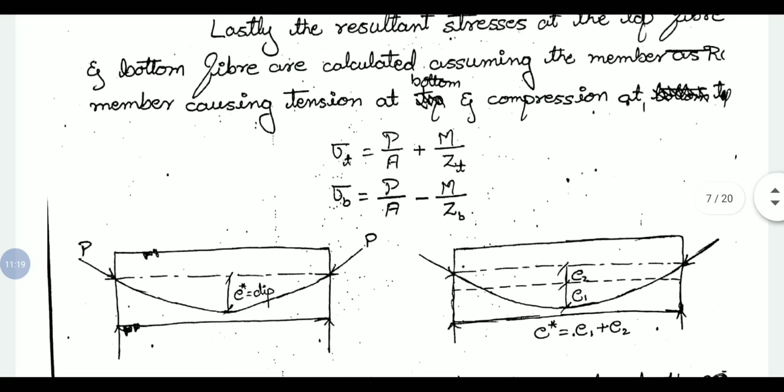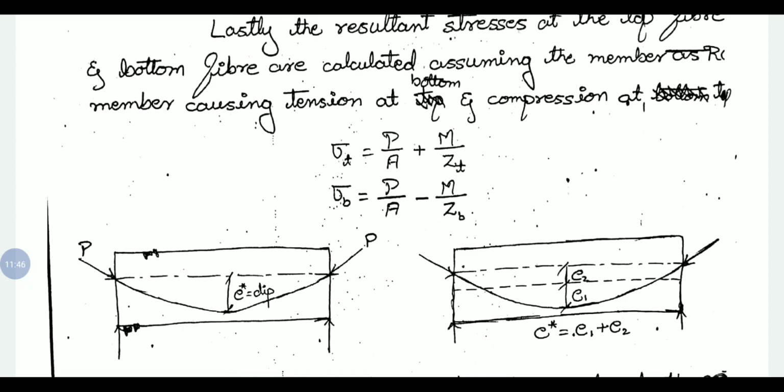Here I have considered a parabolic profile of the cable. E star indicates the total dip of the cable. In the first figure, the eccentricity at support is 0 and the eccentricity at midspan is E star. But in the second case, we have eccentricity at both support and midspan.